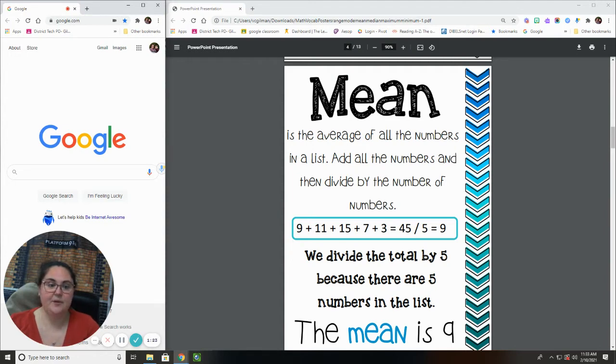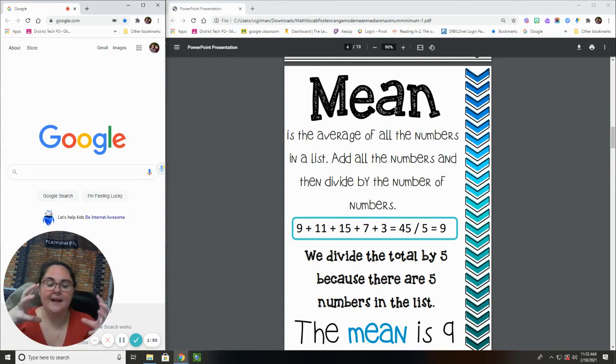As an example, it's seen on the screen. We have 9, 11, 15, 7, 3. Those are the 5 numbers included in this. Maybe that's five children in a household, and you want to know the average age of the kids. You would add those numbers together, 9 plus 11 plus 15 plus 7 plus 3, and your answer is 45.